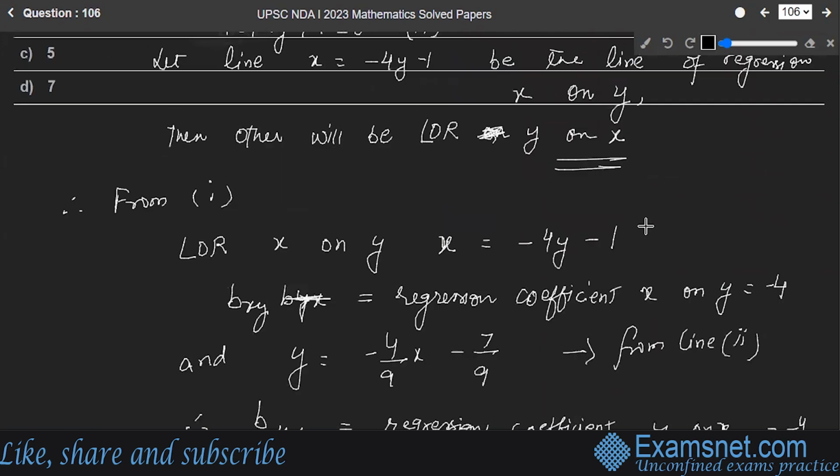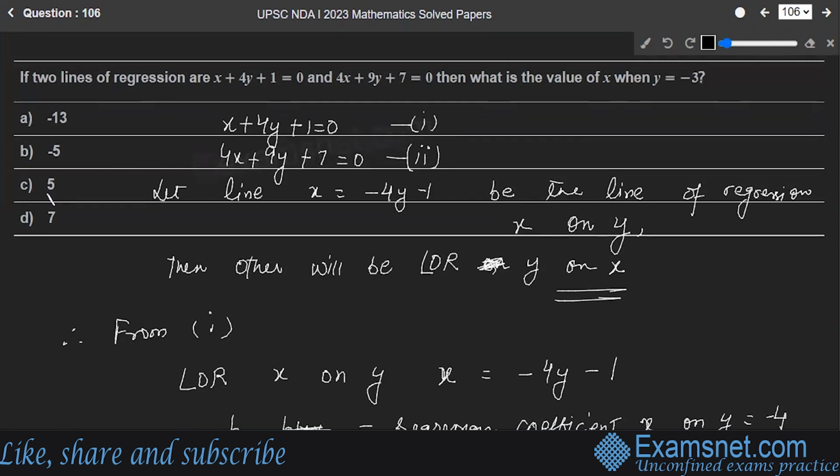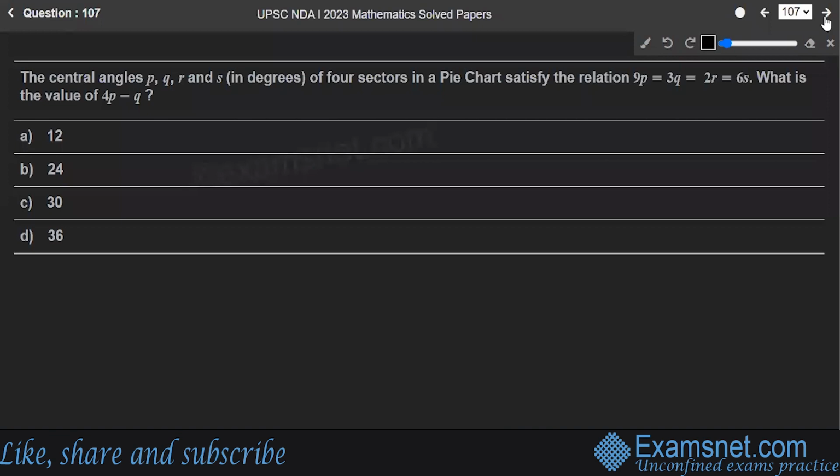All right. So let's check. We have option C as the answer. Hope you understood this. Let's move to the next question, number 107. It says the central angles P, Q, R, S in degrees of 4 sectors in a pie chart. So this is the pie chart.